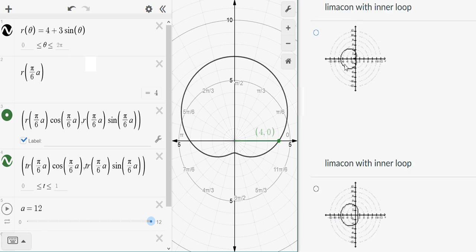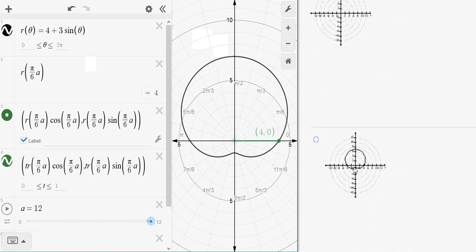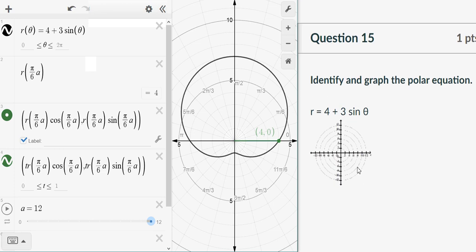And those two are not matched because our picture is symmetric with respect to the y-axis. So those two do not match. Only this one matches the graph, the function of this one.